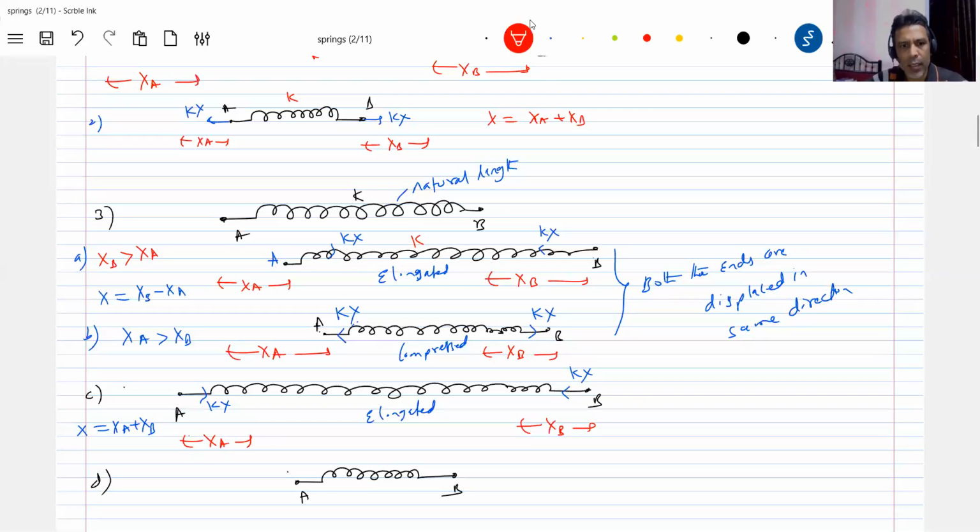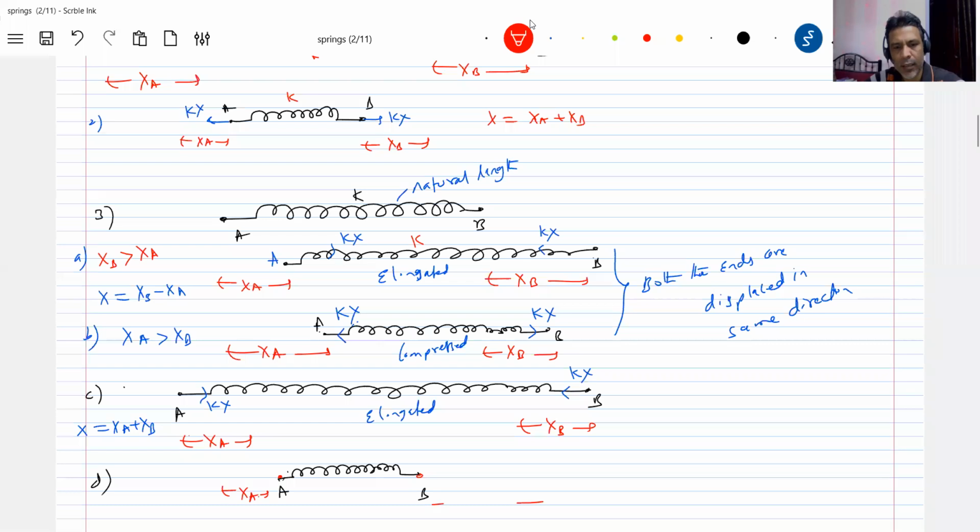So this is XA, and this is the position of A and B. So both the ends got compressed, no?